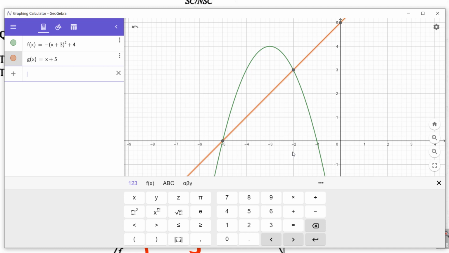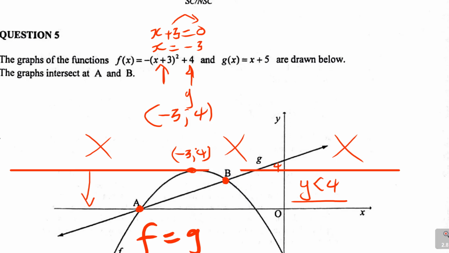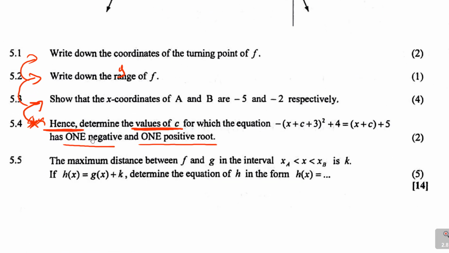So this is what I'm having. All right, so now if we look at the question again, what they are saying here is, hence determine the values of C for which the equation this has one negative and one positive root.